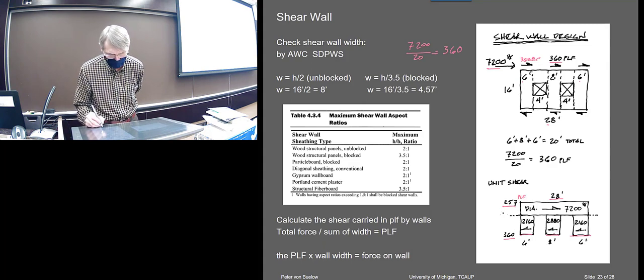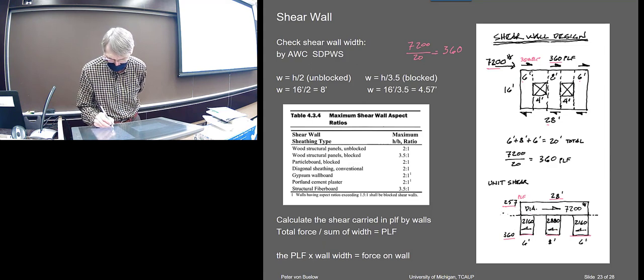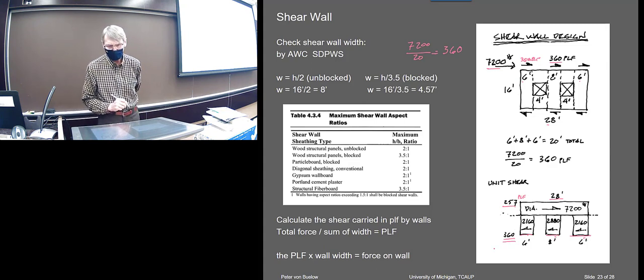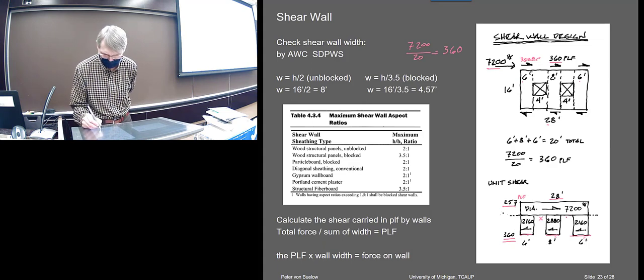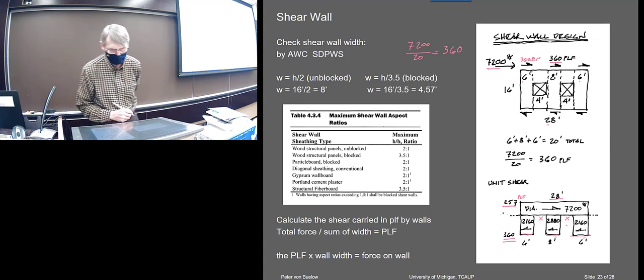Okay, so you see there's a little bit of a difference there, right? The diaphragm has got a load on it of 257, but since there's less area here, these are each going to have to carry a heavier PLF because there's nothing being carried there.